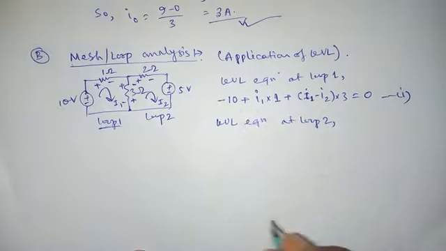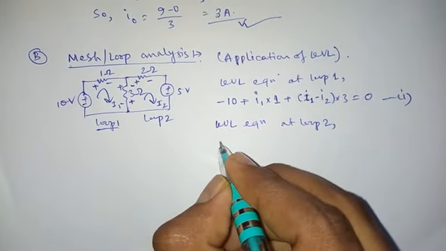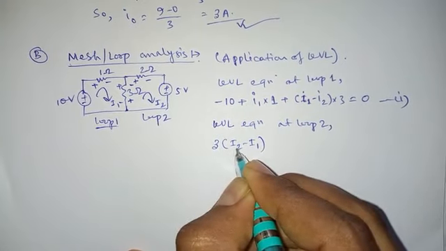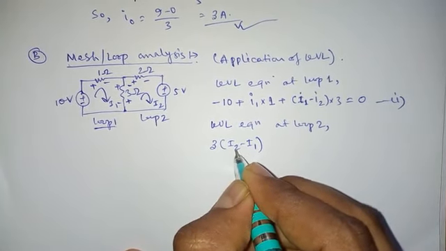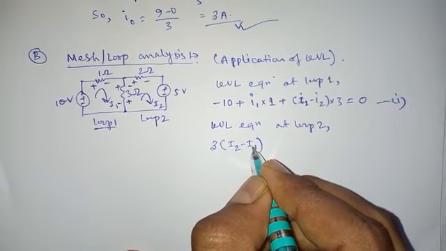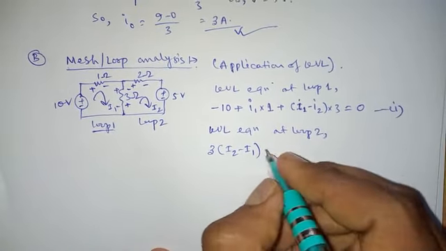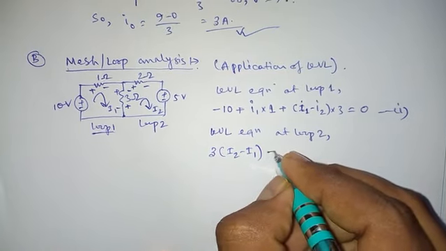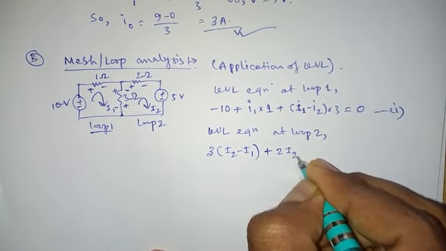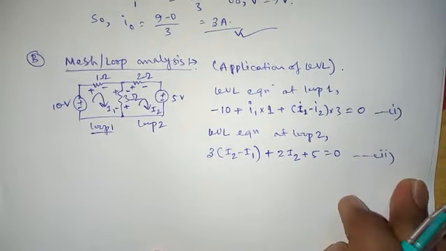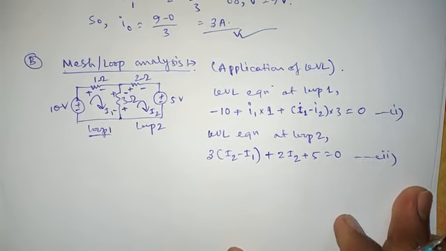So the equation will be 3 into (I2 minus I1), as here we are considering loop 2, so the I2 current is greater than the value of I1. We should take that so that your algebraic equation will be correct. Plus 2 I2 plus 5 equals 0. These are the two KVL equations.